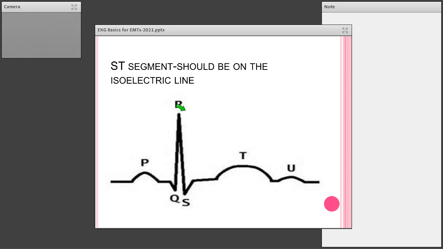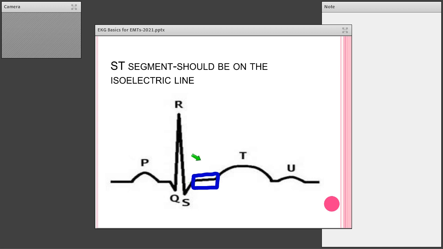The ST segment, so this right here, is the ST segment. We're not really so concerned about the time of it, although there is something called long QT syndrome that can be an issue for patients, causing them to go into VFib and things like that.